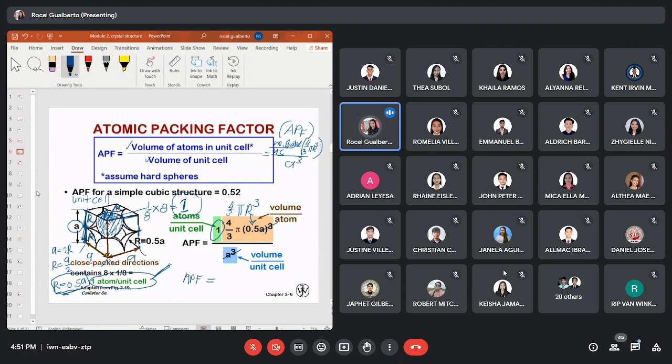So you get your calculators and then paki-simplify po ano po yung sagot natin. Okay, ano pong sagot? Kunin po yung calculator. So, ma-eliminate na po natin dito yung A cube. But then, do not forget to raise 0.5 to the third power. What is the answer?